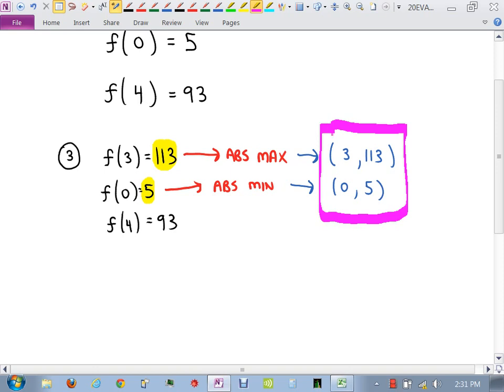Of course, tell me it's absolute max, absolute min, but there's more information than you just telling me 113 is absolute max and 5 is the absolute min, because by showing it to me as a point, that also tells me where it occurs, right? Like what x value. So if we left it like that, we didn't put a point, I wouldn't take off for it, but it's still right. That is the absolute max, but written as a point is preferred.